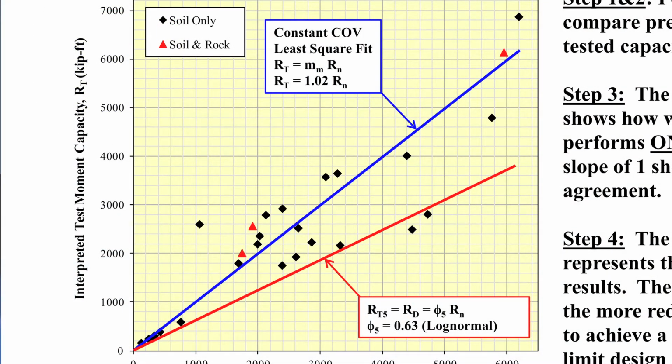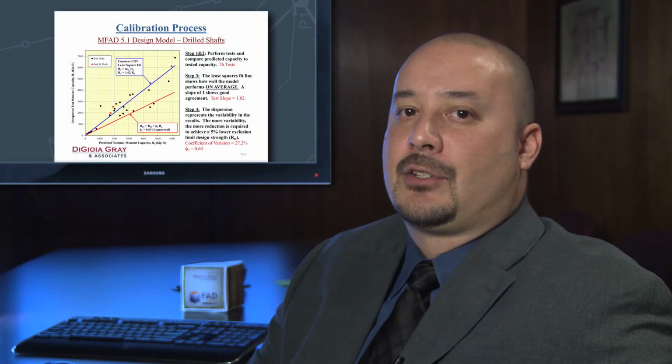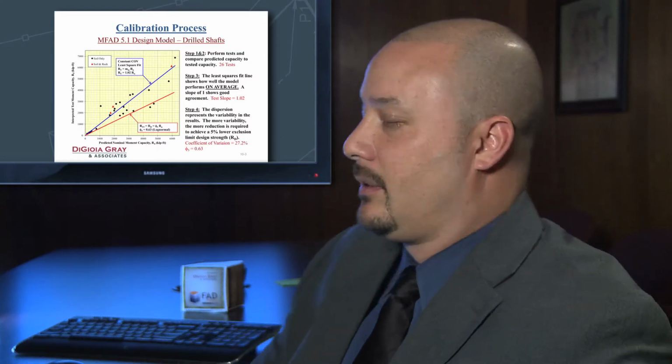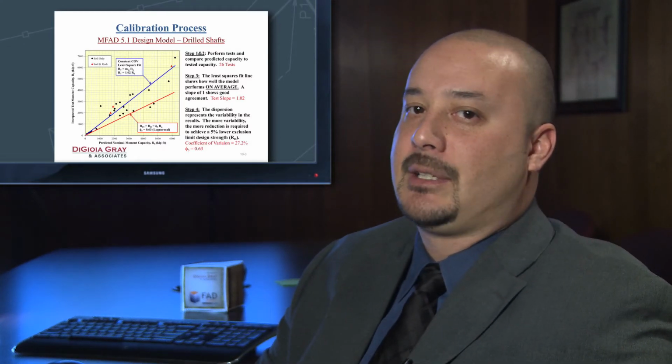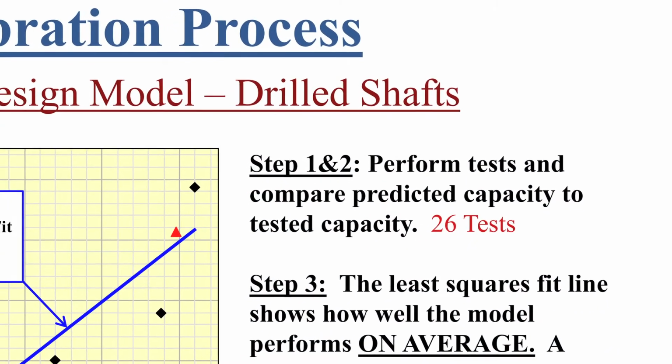And what FAD tries to do is model the approach that's taken in ASCE Manual number 74 and develop a strength factor that is going to keep all of your design capacities within the 5% lower exclusion limit. And that is represented by the red line on the bottom.